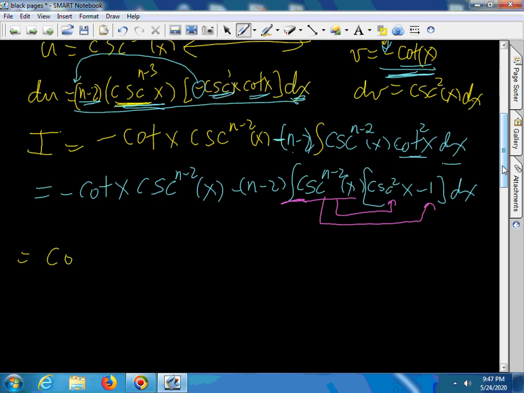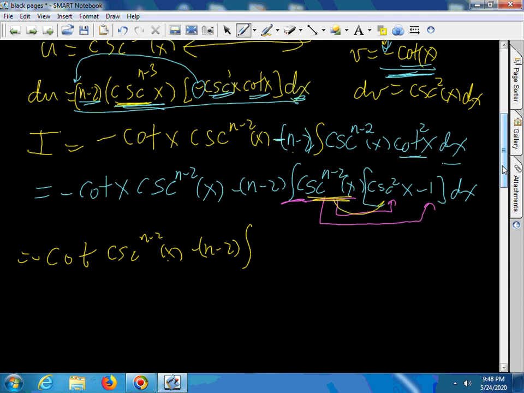So we have negative cotangent x times csc^(n minus 2) of x minus n minus 2 times the integral. But now I'm going to distribute this.